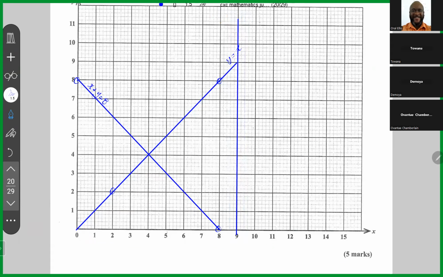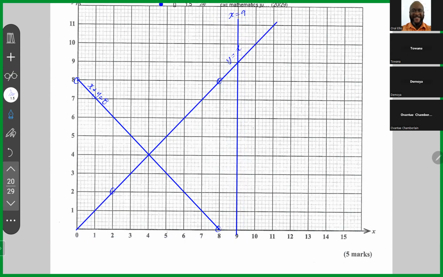All right, so we'll label it. This is the line x is equal to 9. That said, I'm going to draw this line a little longer. That's the line y is equal to x.